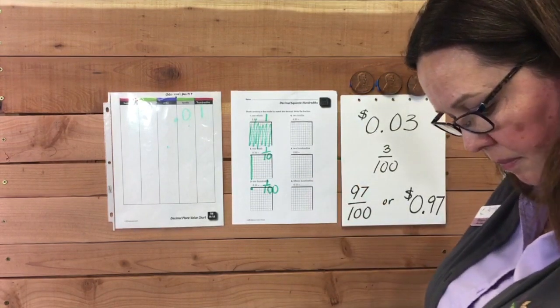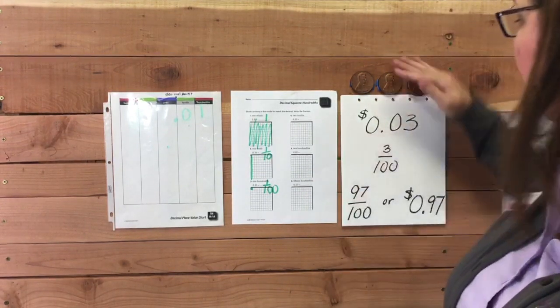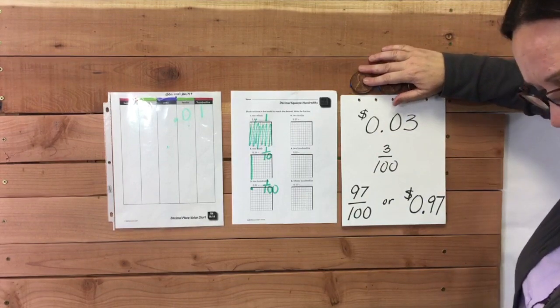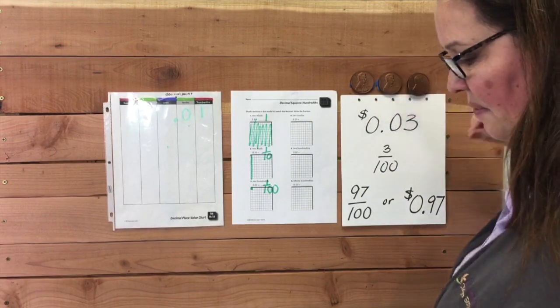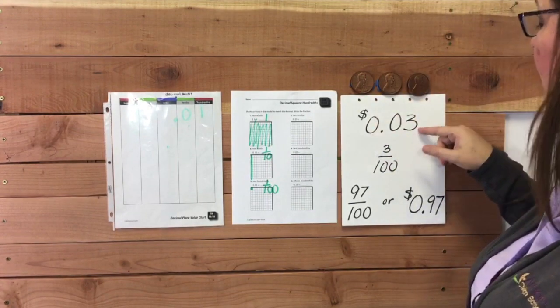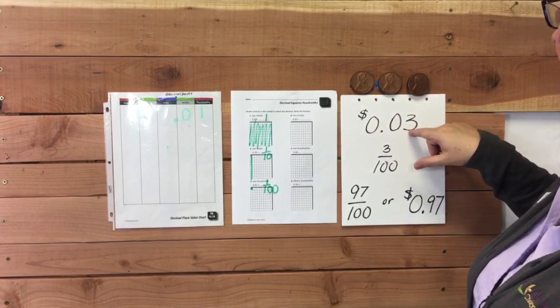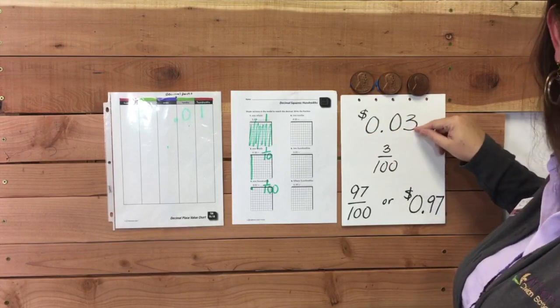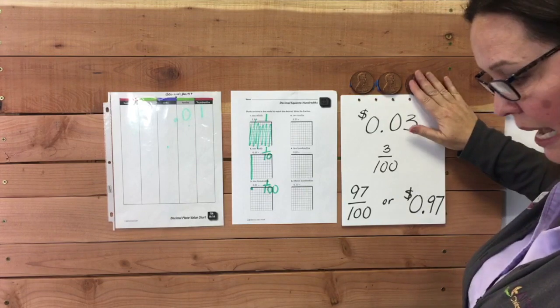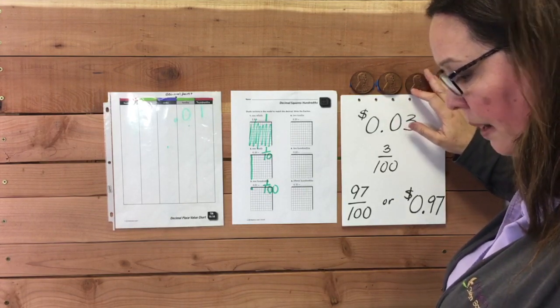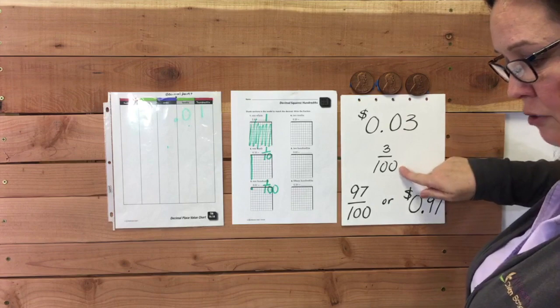So let us look at these 3 pennies that we have here. 0.03. We know that this is the pennies place, and there's 100 pennies in $1. So I have these 3 pennies. The fractional part should be 3/100.